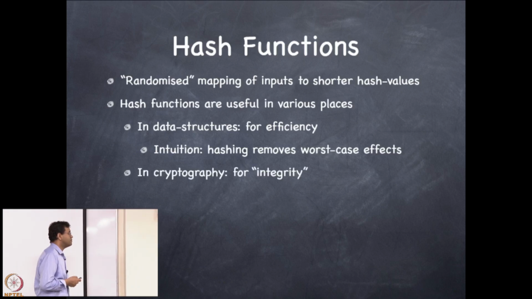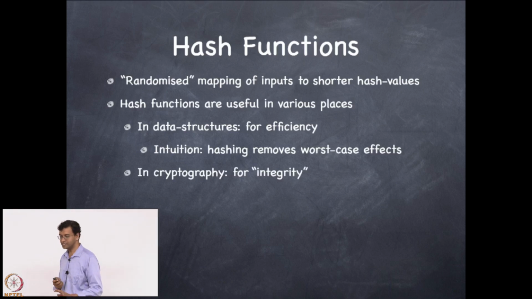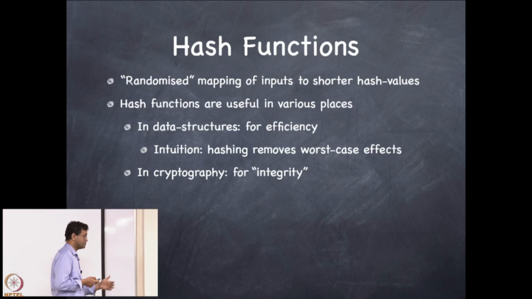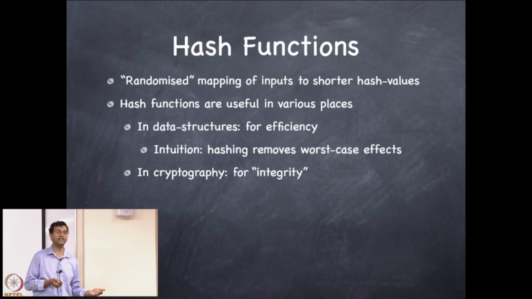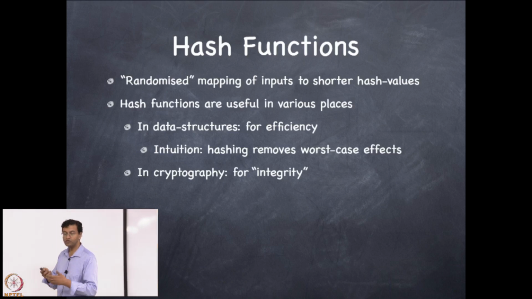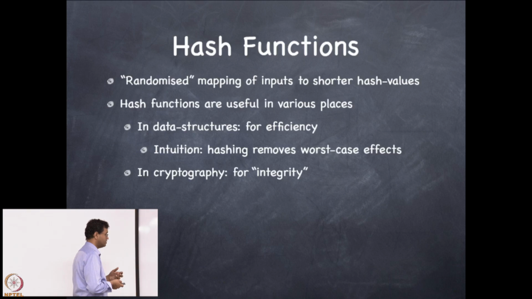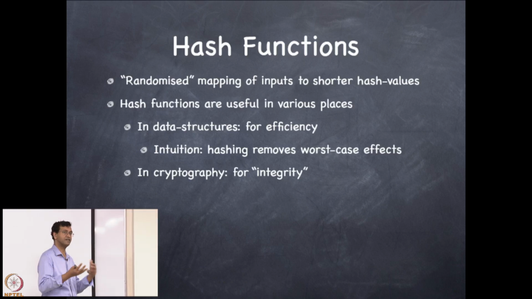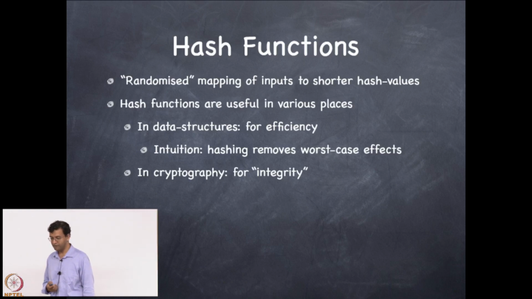But that's not quite the way it's used in cryptography, because we'll see examples where the hash function is already out there, so the adversary can choose something that's bad for that hash function. It's not that first the input comes and then you pick some hash function that will remove some bad effect, even though that's also a scenario at times.